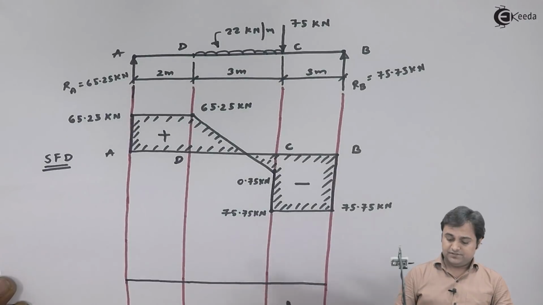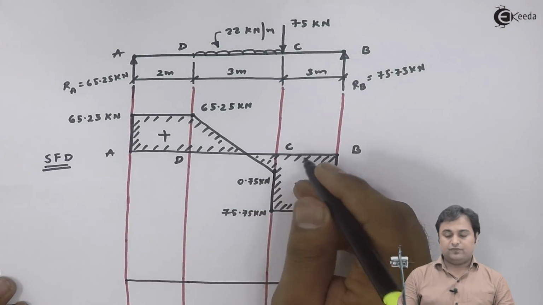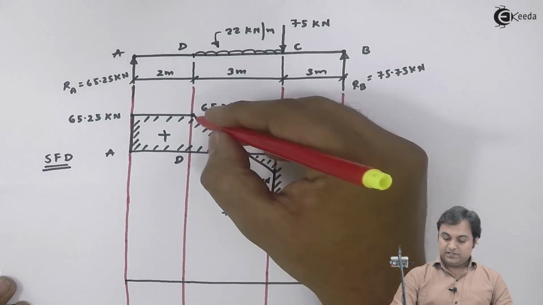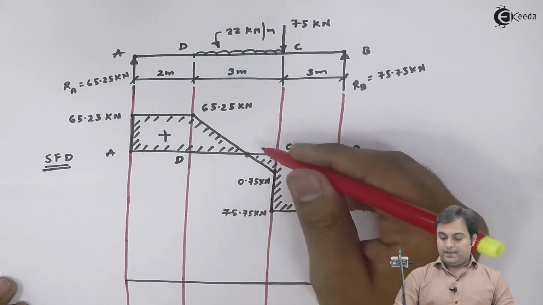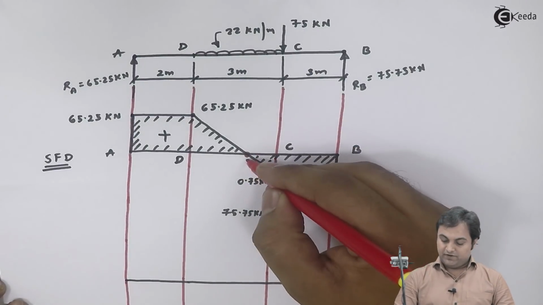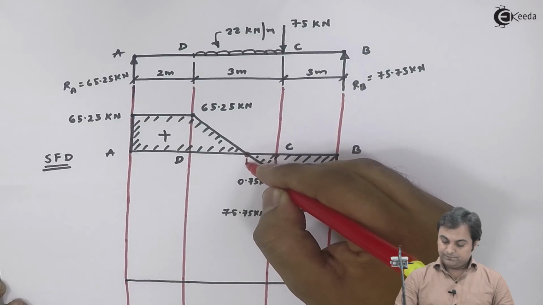As we can see in this shear force diagram, first of all, there is one location where shear force is changing its sign. At that particular location shear force becomes 0, so I would be projecting this point down.